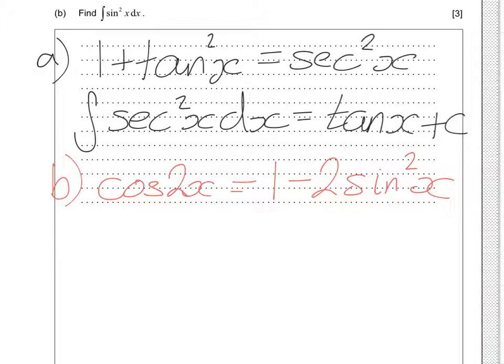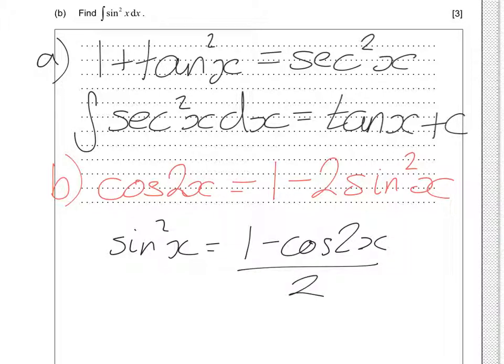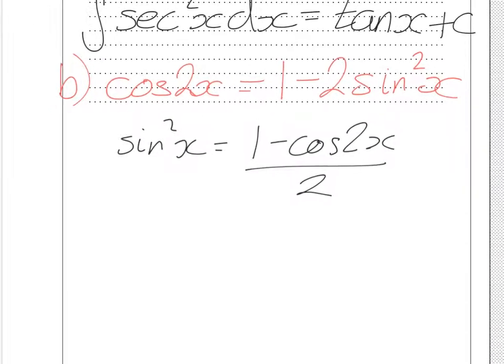And then you take that formula, rearrange it for sine squared. It's 1 minus cos 2x over 2. And instead of integrating sine squared with respect to x, we can integrate that.